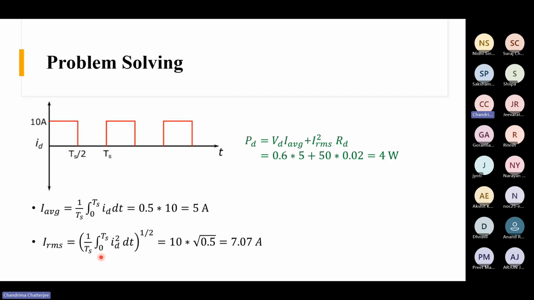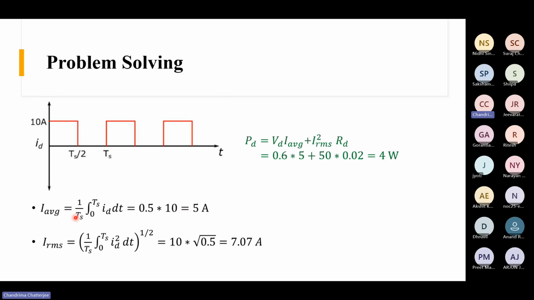So divide the time frame into two: one from 0 to Ts by 2, another from Ts by 2 to Ts. If you put the current values 10 and 0, you will get 10 times root 0.5. So this RMS current is 7.07 ampere.